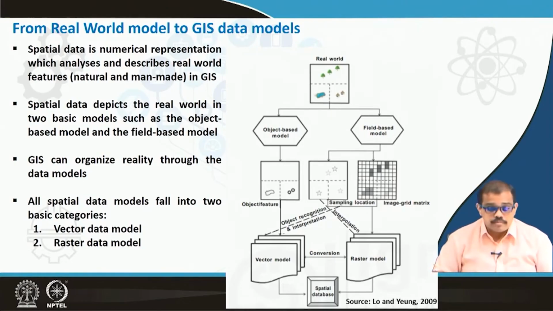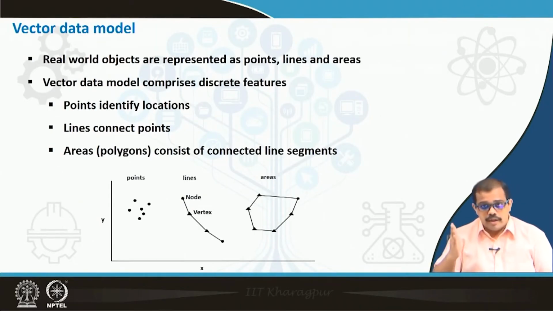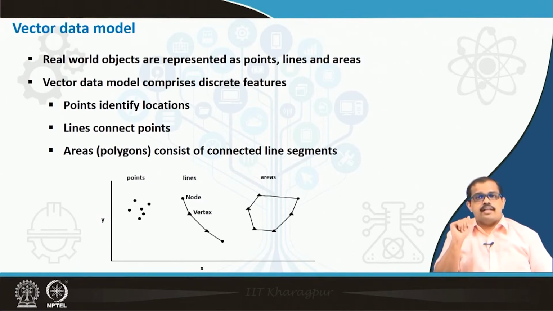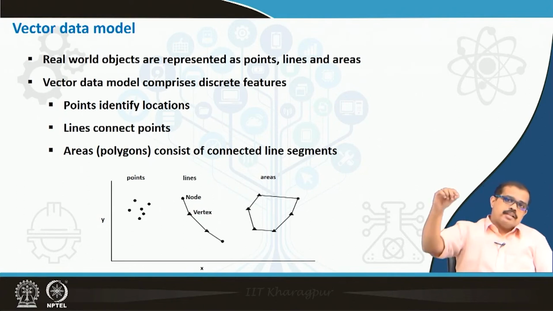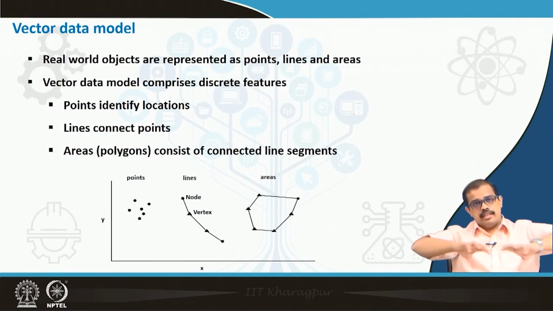Now, in the vector data model, each real-world object is represented as a point, a line or a polygon. Let us take an example. Assume that we have a building, surrounding the building we have a number of trees, and next to the trees is the driveway, or your roads.